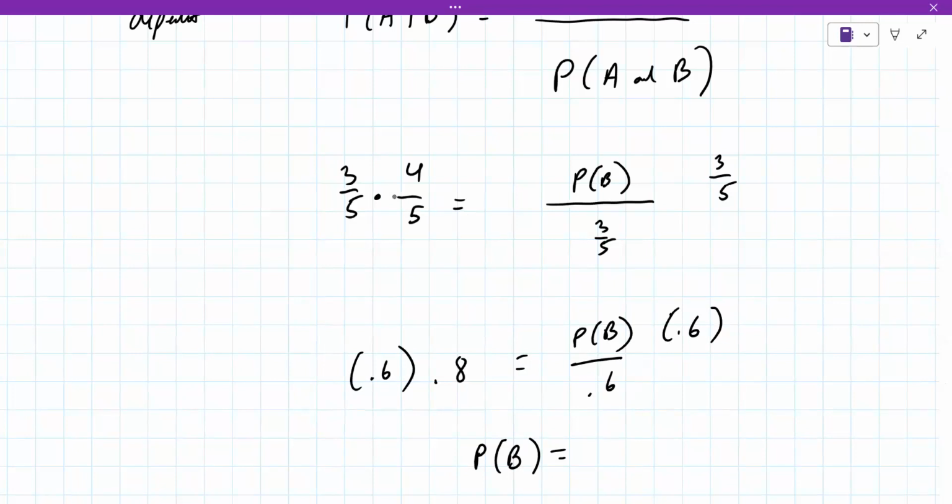Oh, okay. So then the answer would be 0.48, or as a fraction, 12 over 25. Right, exactly.